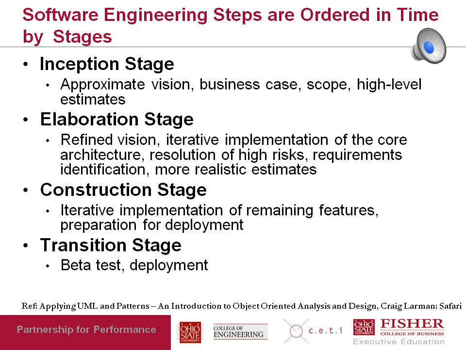So think of the elaboration stage as a place where the work done is used to eliminate risk. So the vision of the system will be identified, and the difficult parts of the architecture, the core architecture, things that have to work, things that you don't understand whether they will work or not, those things will be implemented in the elaboration phase.